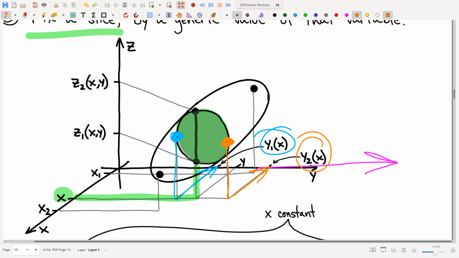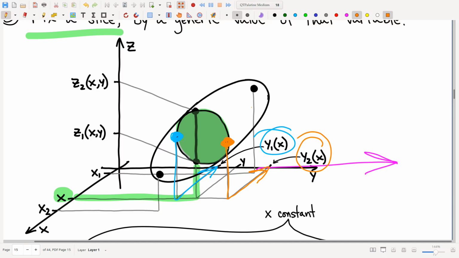Now let's think about what these bounds are going to be. Let's talk about y1 and y2. Is y1 going to just be some number like 4? Probably not. It depends on x. Look at this picture here: I've got some x slice picked, and this is what the slice looks like for that value of x.